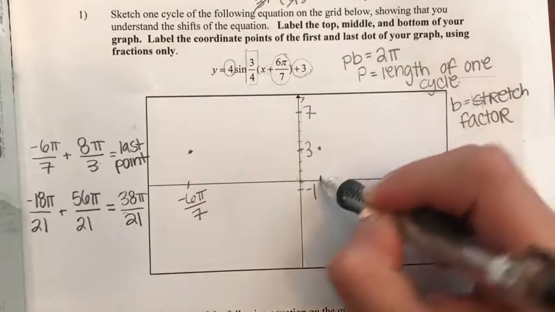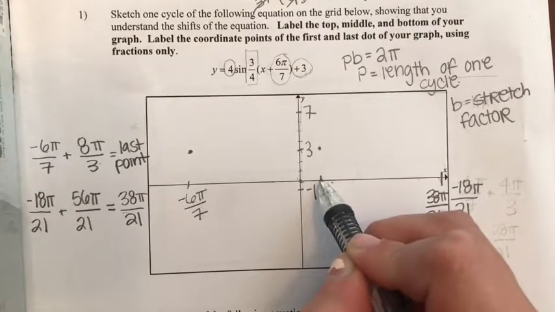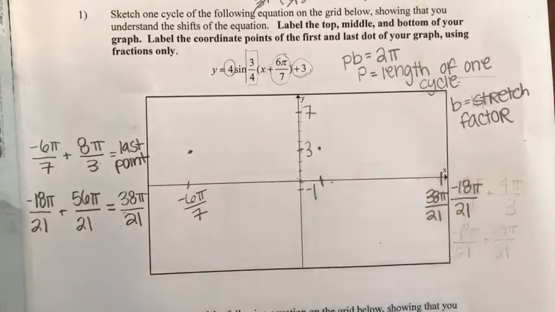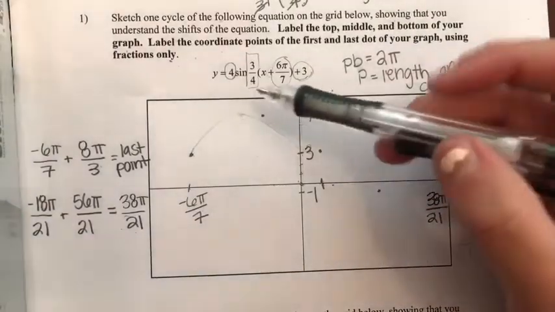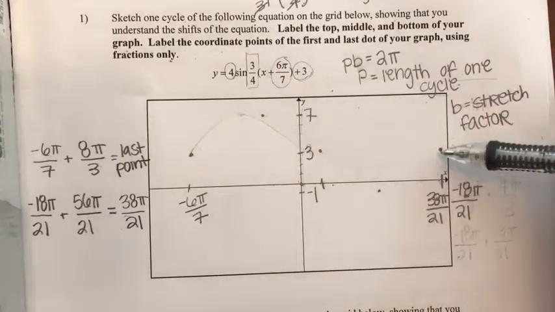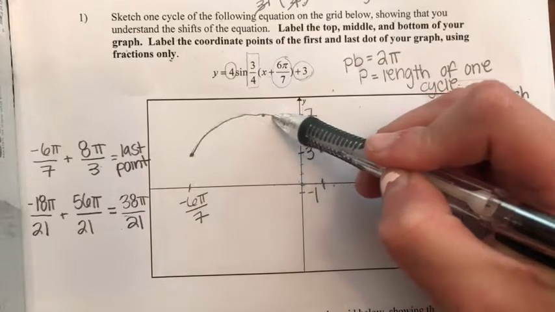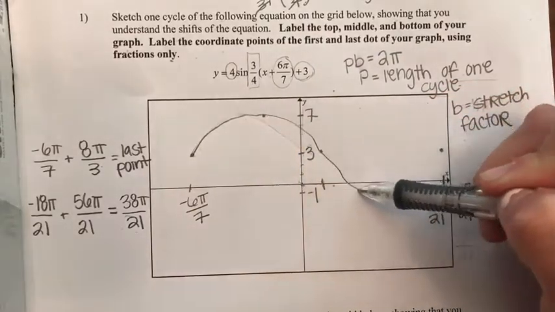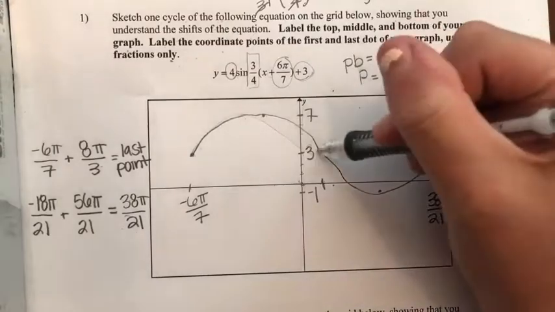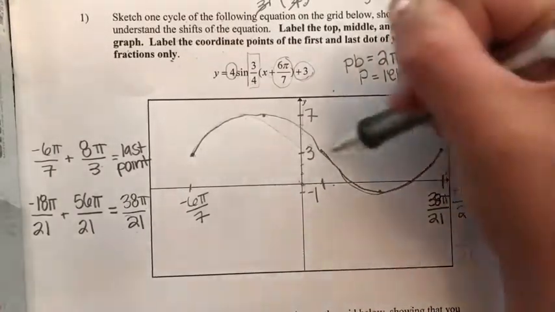You don't have to find an exact number for the middle coordinate unless it asks you to. So I've basically drawn out the points of where our graph is going to be going, and it's going to be shaped like this. Even though I didn't do a good job drawing the half circles, it should be shaped somewhat like that.